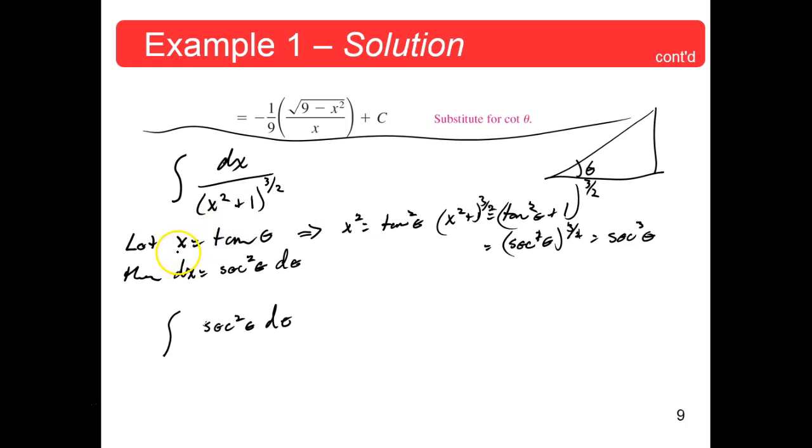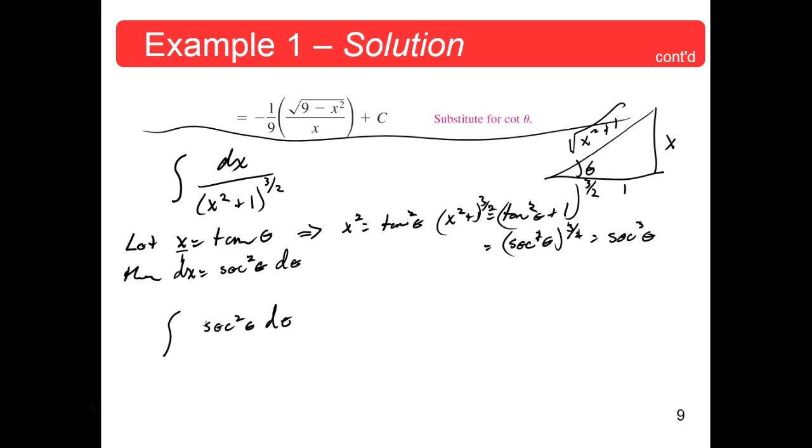Tangent theta is x over what? 1. Okay, so if that's your theta, what is your x? I mean, what's tangent theta? Opposite x over adjacent 1. And what does that leave your hypotenuse to be? The square root of x squared plus 1. Okay, so there's your handy dandy little triangle, and we're happy with that.